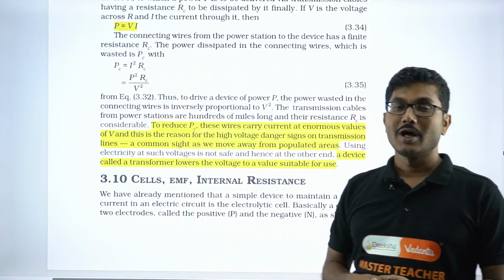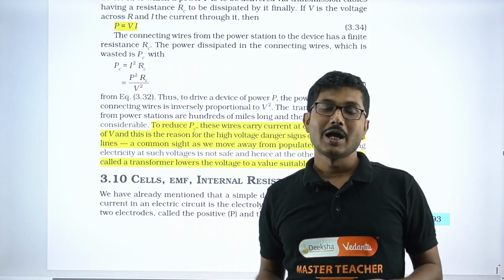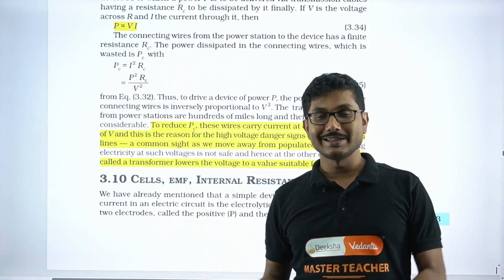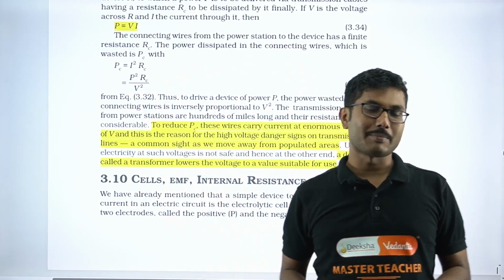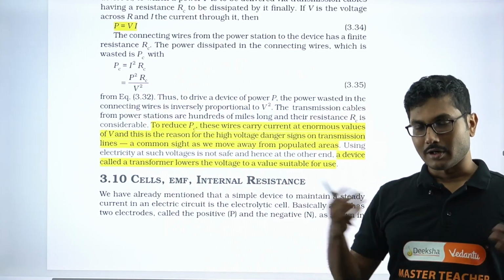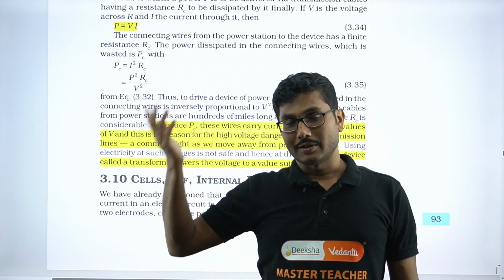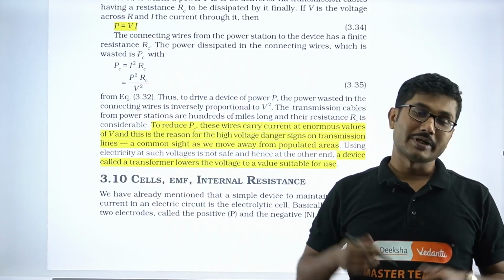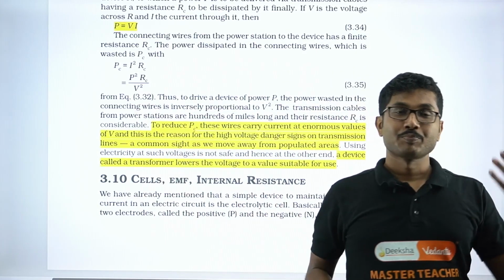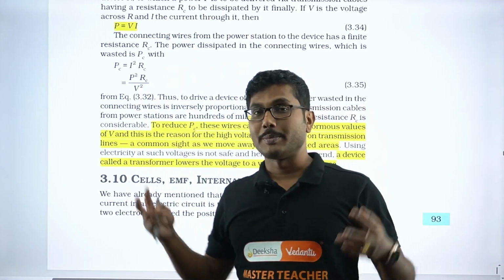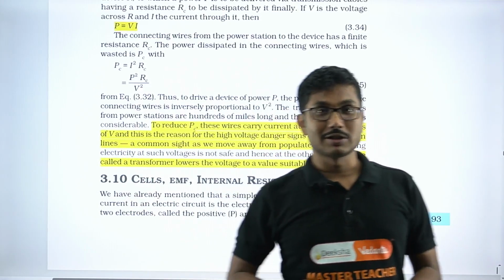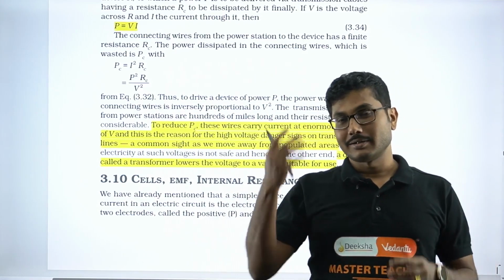Obviously you cannot use expensive conductors. Copper cable used to be used in older times, when electricity first came to India under British rule. Copper was costly, so people used to cut the copper and take it home.